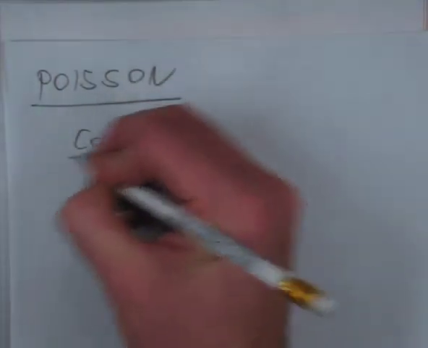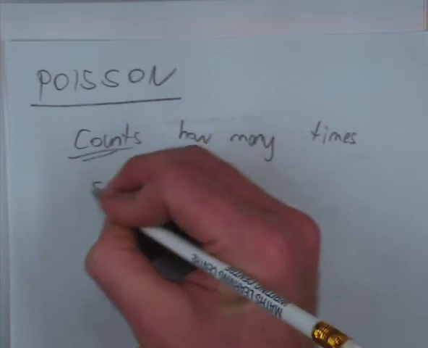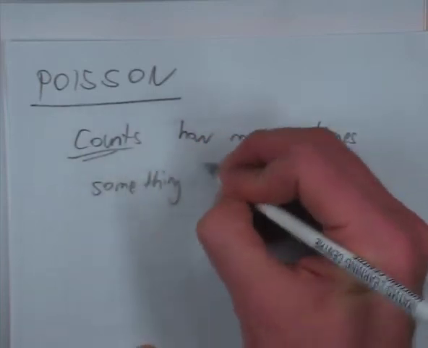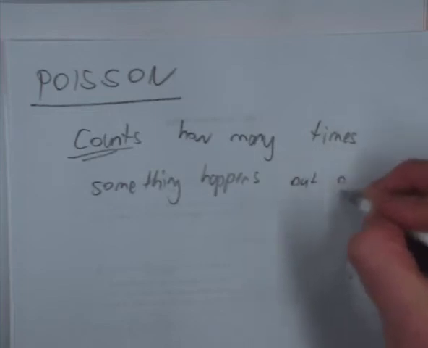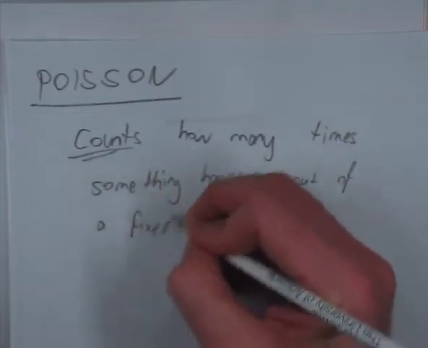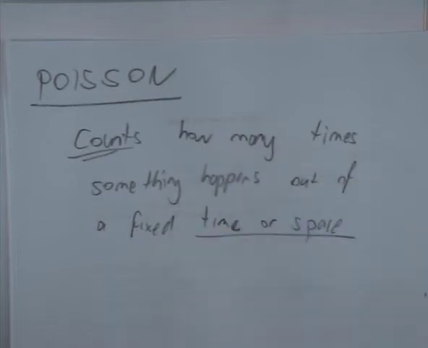The Poisson, named after Poisson, counts how many times something happens in time or space. So the other one was out of a group of objects and you count how many of those objects. This one you're counting how many times something happens in time or space.